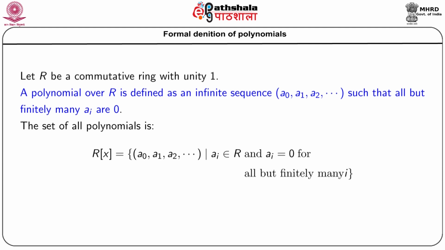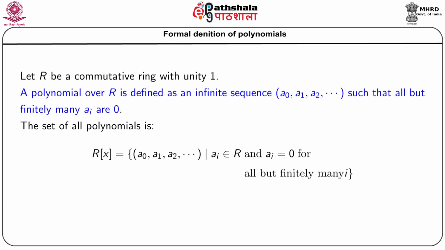Since a polynomial contains only finitely many terms, strictly speaking finitely many non-zero terms, that is why we consider only those infinite sequences in which all but finitely many ai are 0.